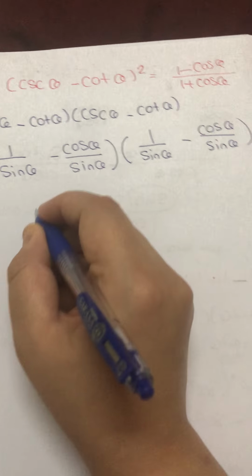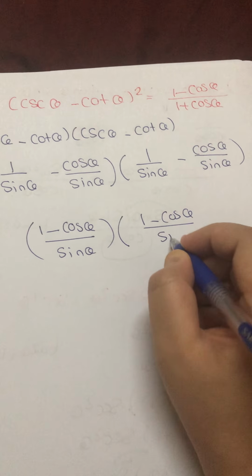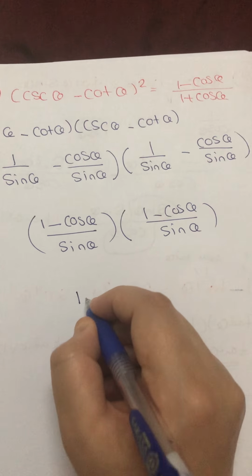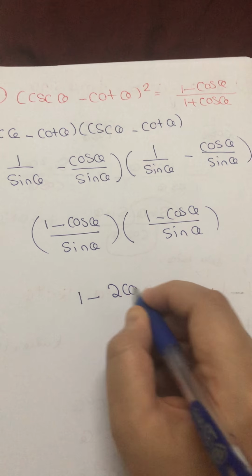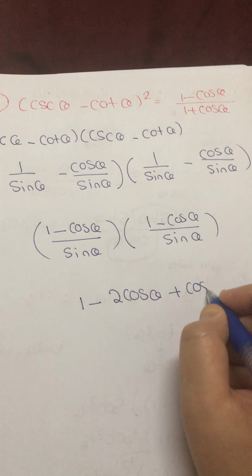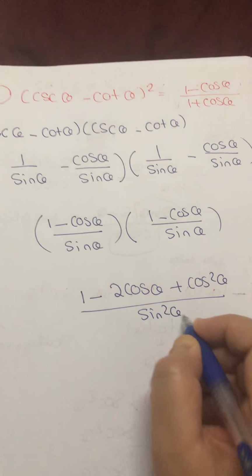I think I got tired. And here 1 minus cosine theta over sine theta. Okay, if you distribute, you're gonna get 1 minus 2 cosine theta after simplifying cosine theta, and here plus cosine squared theta all over sine squared theta.